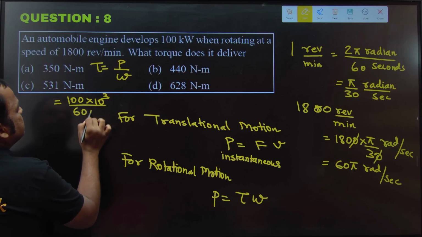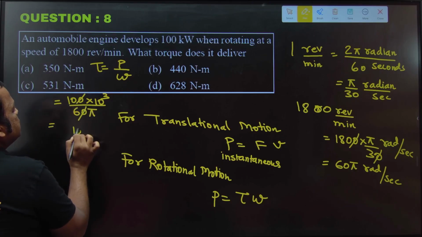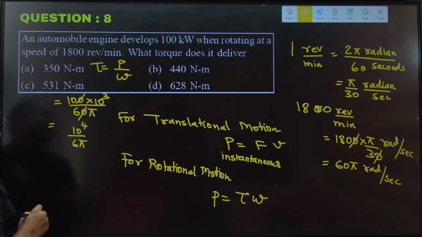So we'll put here 60 pi. So that is 10 raised to 4 by 6 pi.